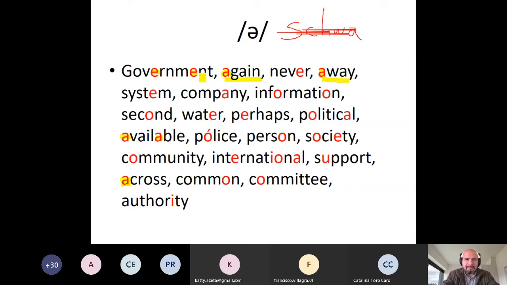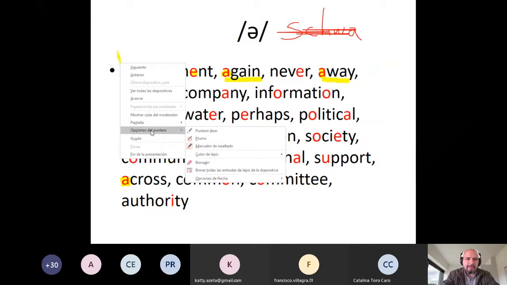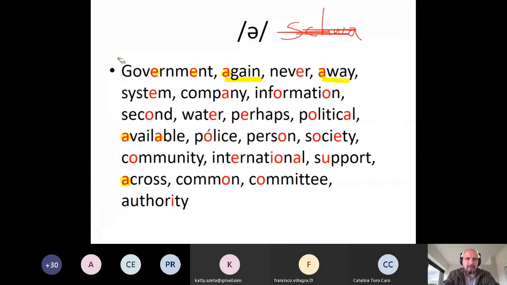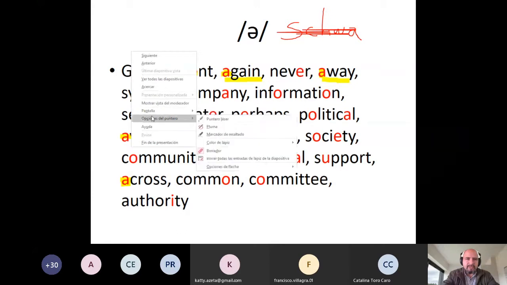You will find this sound in syllables which are not stressed, which are unstressed. For example, when we say government, the first syllable is the one which is stressed.